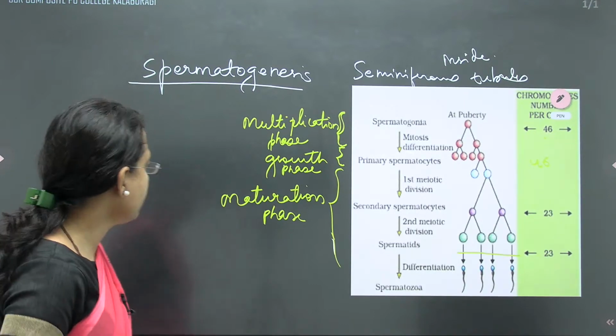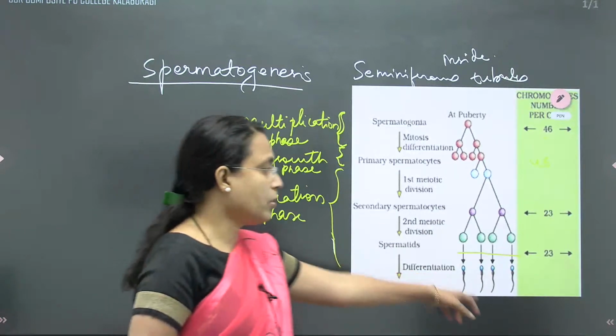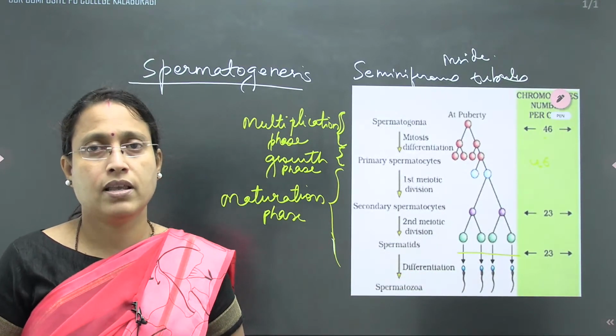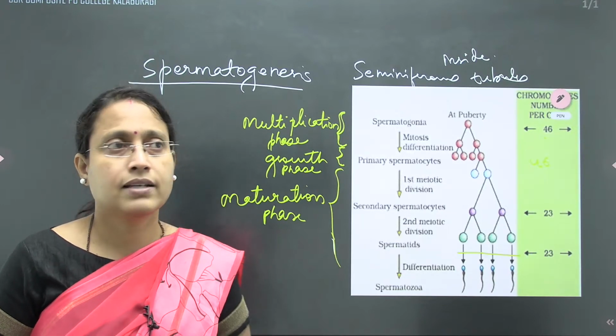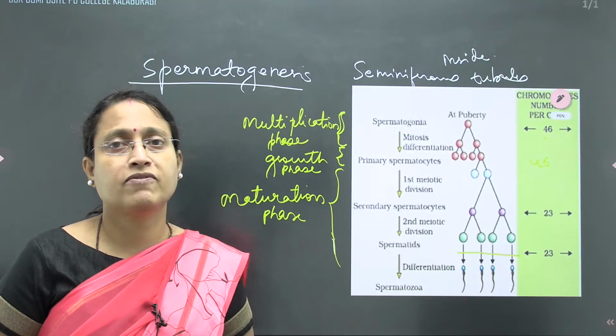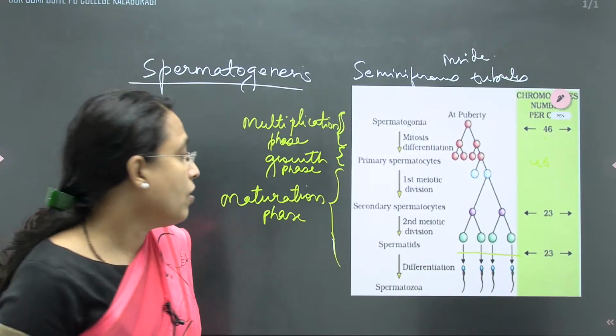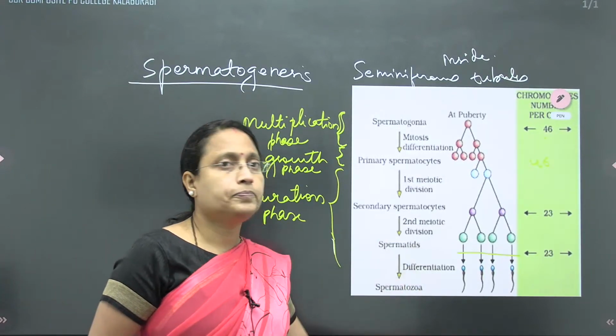Therefore, during this differentiation, the tail of the sperm is also formed, and microtubule is one of the important components within the tail. It is a structure responsible for motility of the sperms. Even that is formed during this spermatogenesis.